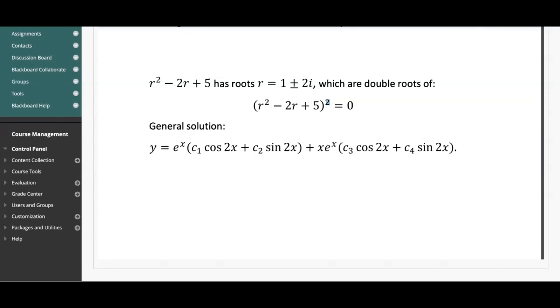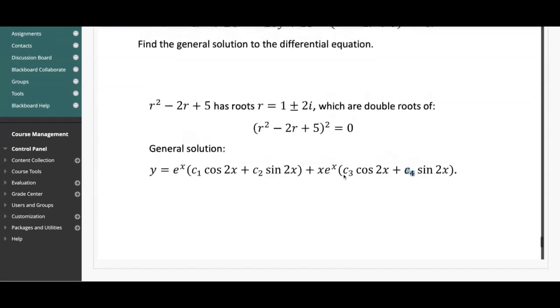Ronald, you have a question? Saying with the minus sign, when we're doing the second part where it says x e to the x plus c3 cosine x plus c4, I think we're supposed to have a minus sign maybe.